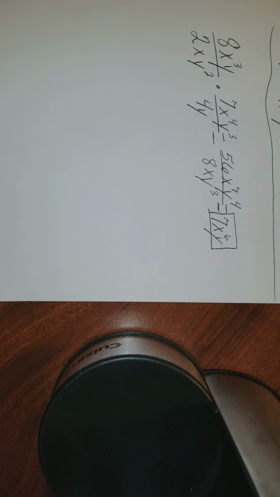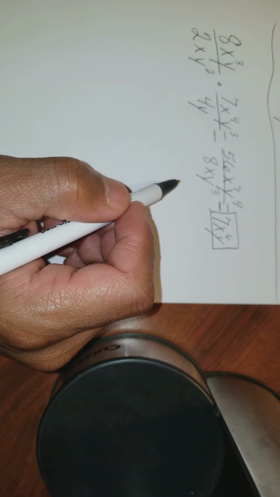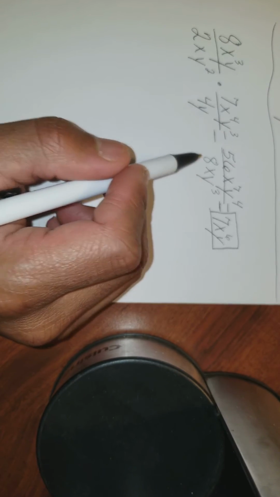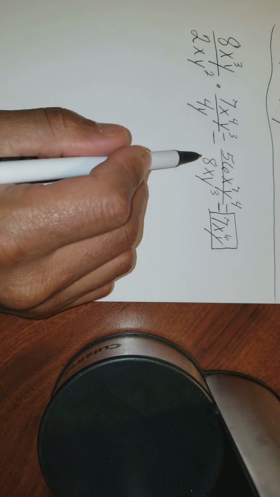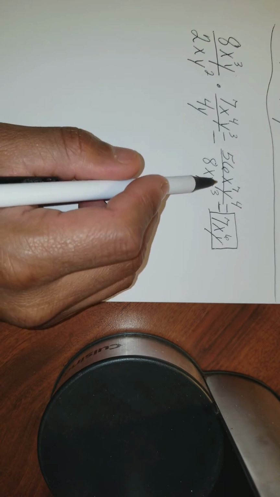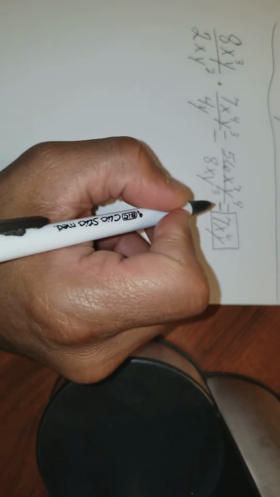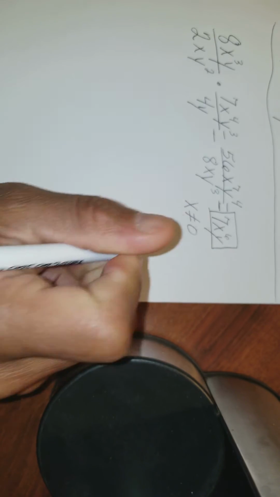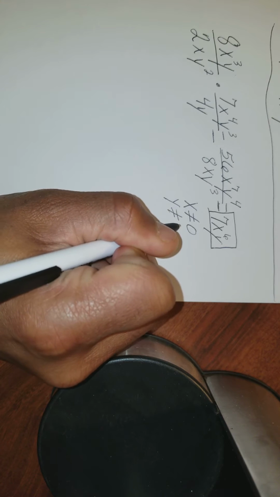Notice I used the word part, because keep in mind that neither one of these variables can be equal to 0. If either one of these variables is equal to 0, my entire denominator becomes 0. That being the case, we must make sure that x cannot be equal to 0 and y cannot be equal to 0.